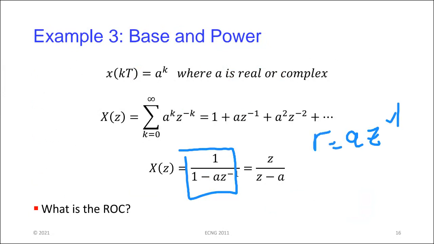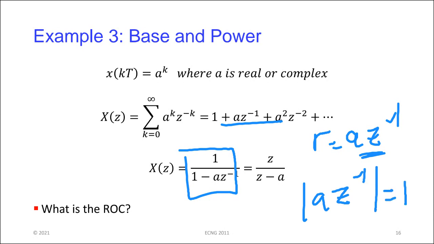So R equal to (AZ^-1). The only way that will converge is if this is less than 1, right? So we're back to that. Mod AZ^-1 equal to 1 is a circle of radius A, right?